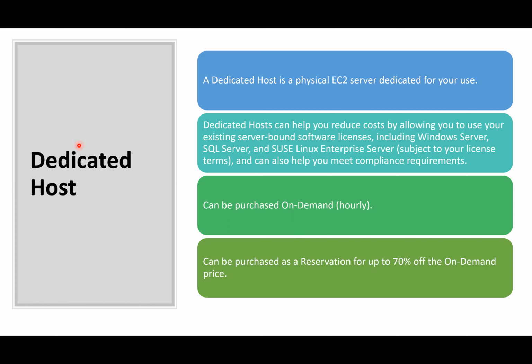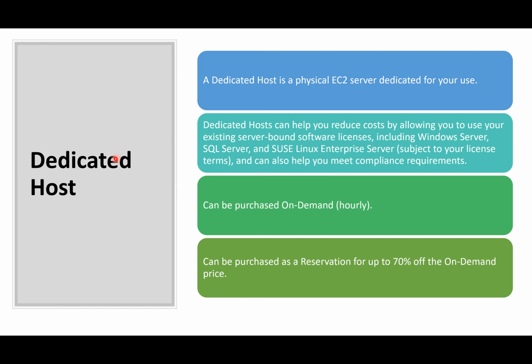When you go with a reserved instance, on-demand instance, or spot instance, you're sharing hardware with some other customer. There might be a server sitting in the AWS cloud, and on that server your application is running, and some other customer's application is also running. So basically you're sharing a server with other people. So what does a dedicated host do? It gives you dedicated hardware.